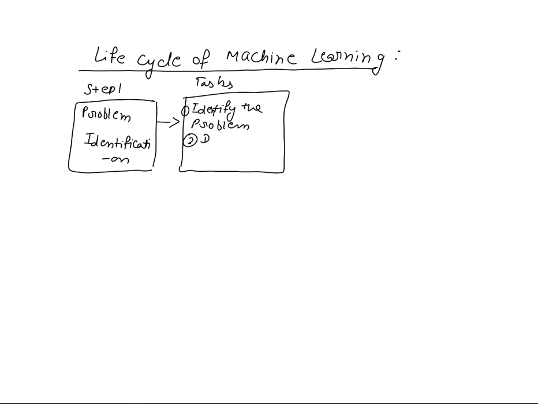And then you will also align the machine learning project with the company goals too. Okay, so this is very important. Here, who is involved in this? There are mainly two persons involved.